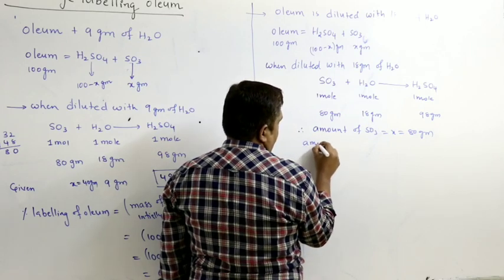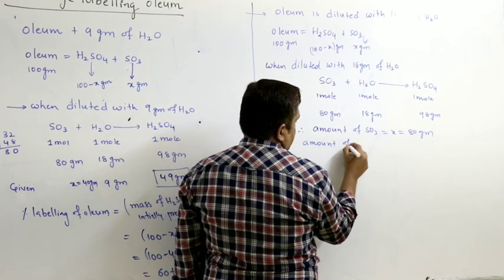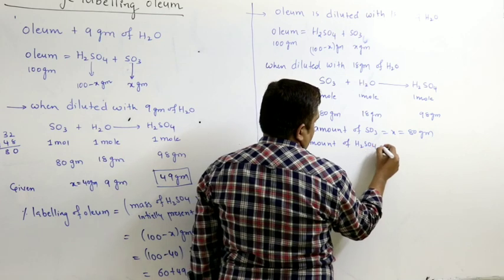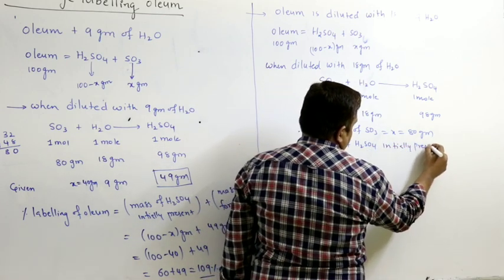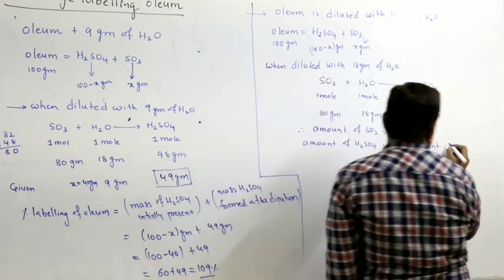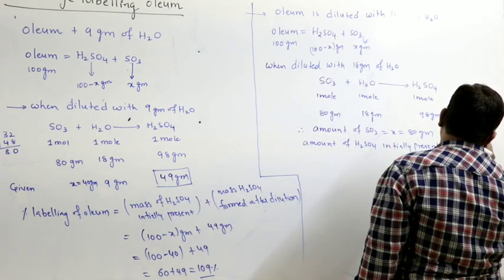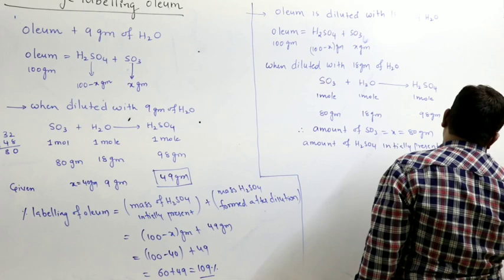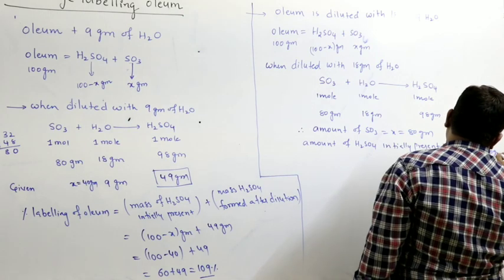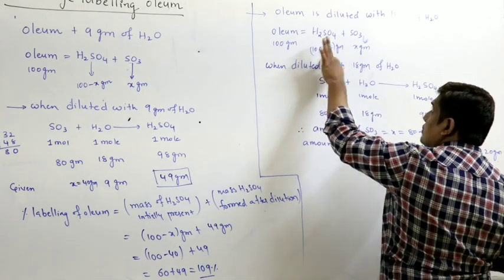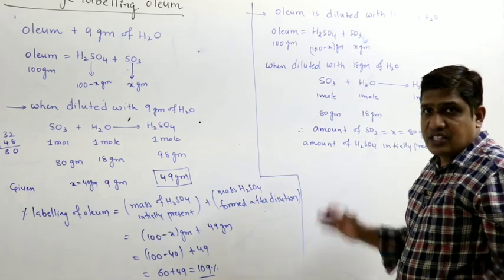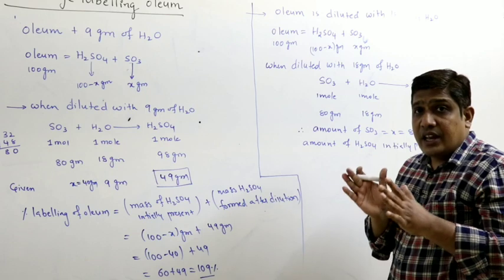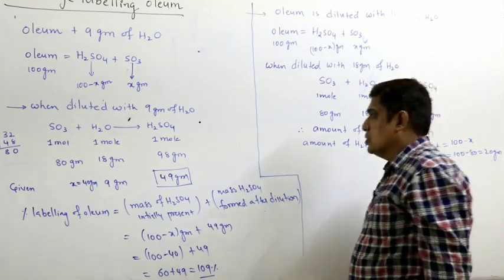So the amount of H2SO4 initially present in oleum is equal to 100 minus X, that is 100 minus 80, you will get 20 grams. So you have 20 grams of H2SO4 and 80 grams of SO3. For such oleum you require 18 grams of water for dilution.